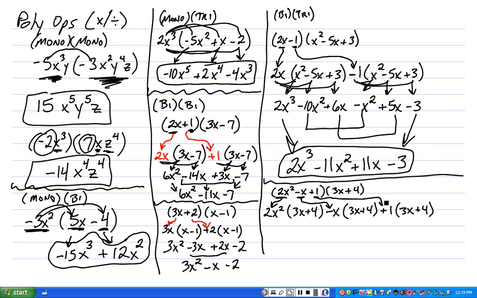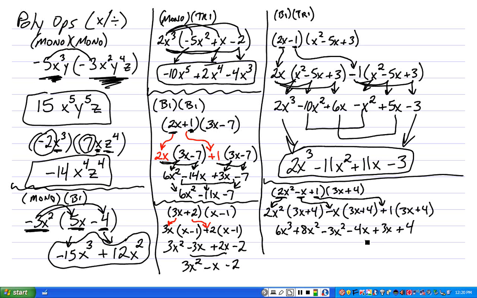Okay. So 2x squared and 3x is 6x to the third. 2x squared times 4 is a positive 8x squared. Negative x times 3x is a negative 3x squared. Negative x times 4 is minus 4x. 1 times 3x is just going to be 3x. 1 times 4 is just going to be 4.